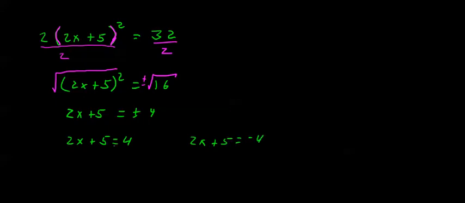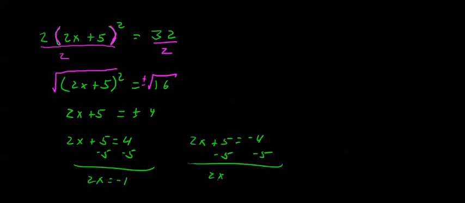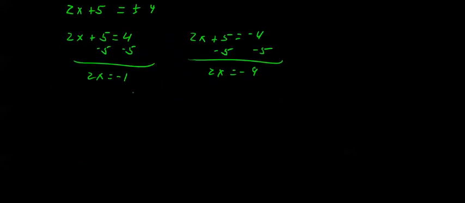We subtract 5 from both equations, and we get 2x equals negative 1, 2x equals negative 9. We divide by 2, and x is equal to negative 1/2, or x equals negative 9/2.